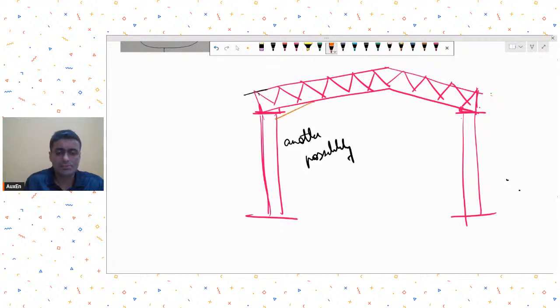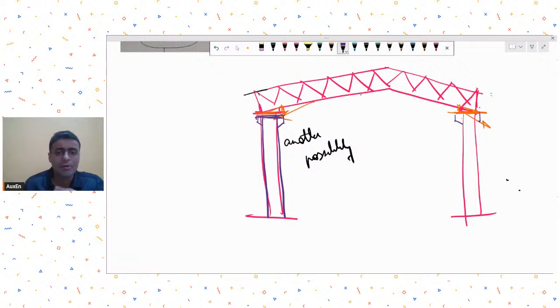So this might not be a very effective solution, but still you can do it this way: add some stiffener plates over here, have a plate welded to the bottom of this truss, and then have a regular column with another plate on the column top, and then those two plates can be connected. So this can be another possible alternate solution.